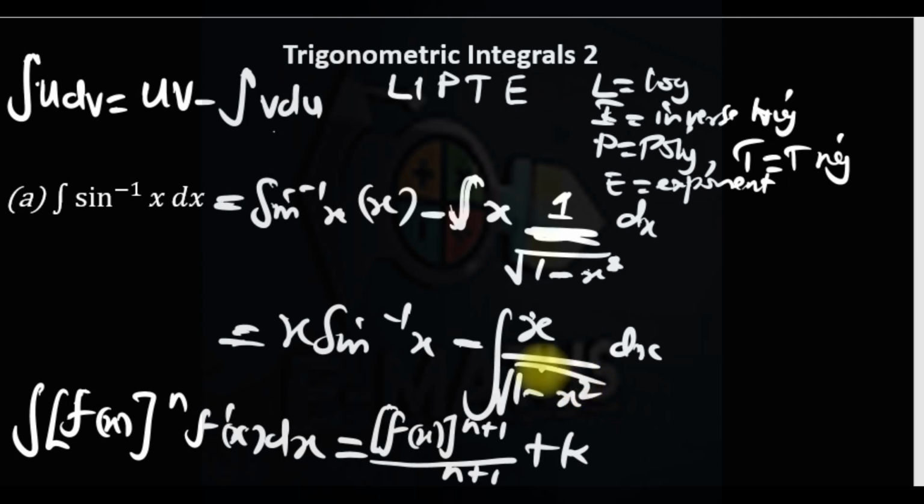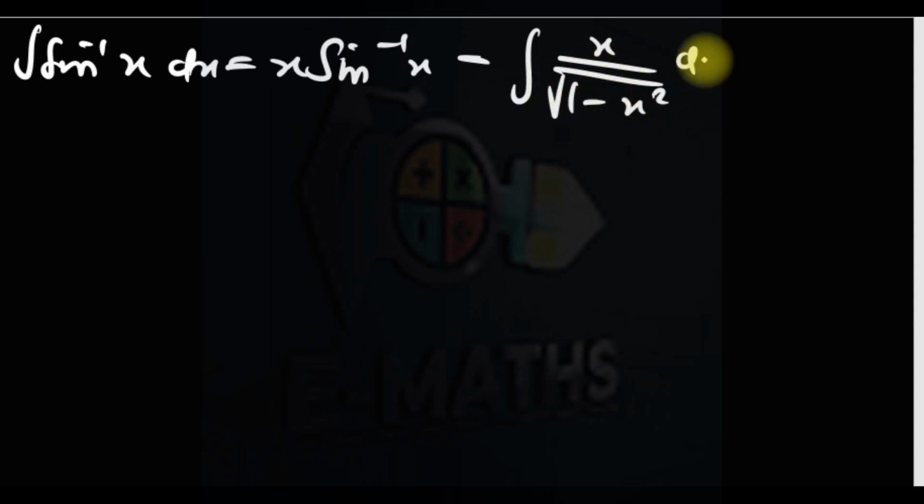Because if you notice, if I differentiate 1 minus x squared, I'll have minus 2x. So meaning that I can write this as, we are solving that the integral of sine inverse of x dx is now x arcsine of x minus the integral of x over square root of 1 minus x squared dx.